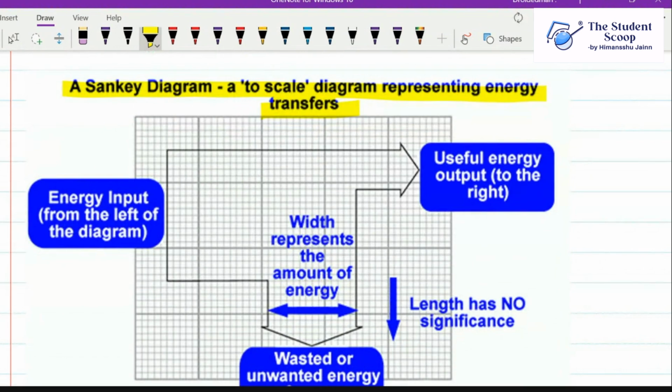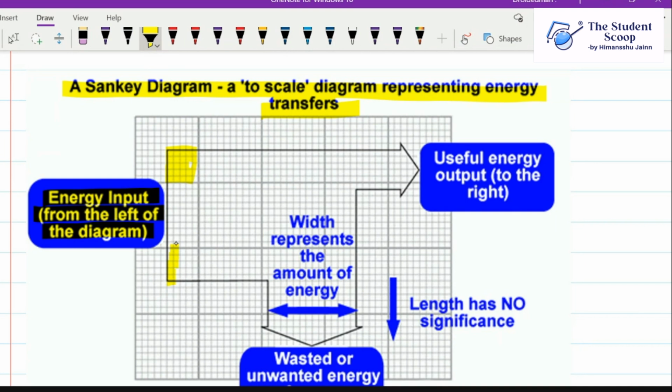So here on the left hand side, you see there is an energy input from the left, currently at 100%. So all the divisions are important here. You can see that this is 5, 10, 15, 20, so 20 small boxes, or 4 overall boxes.